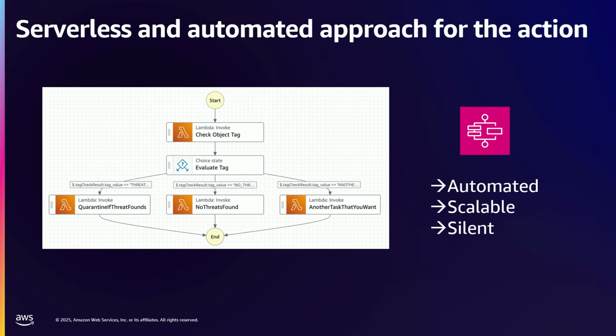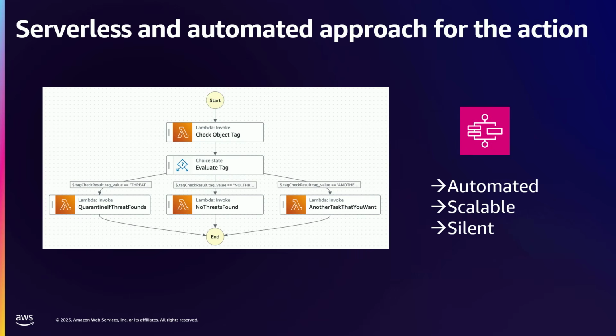So what can I do? I have a Lambda function named check object tag. As I said before, GuardDuty adds tags to the new objects that you are scanning, and this Lambda basically checks the tag.